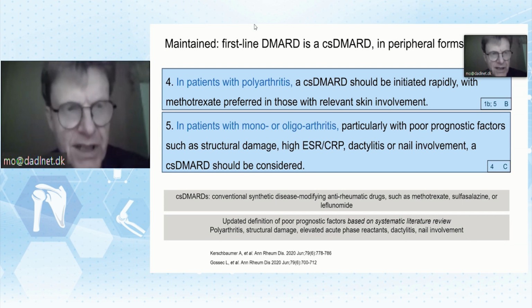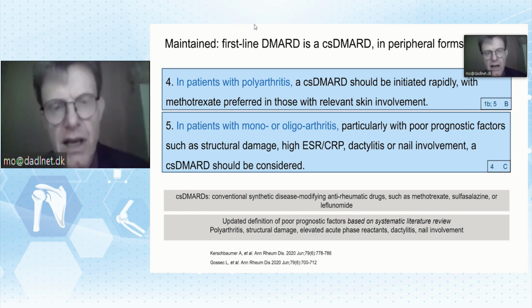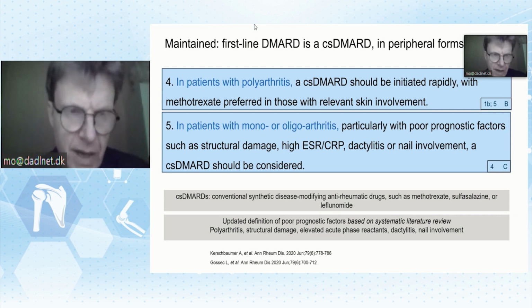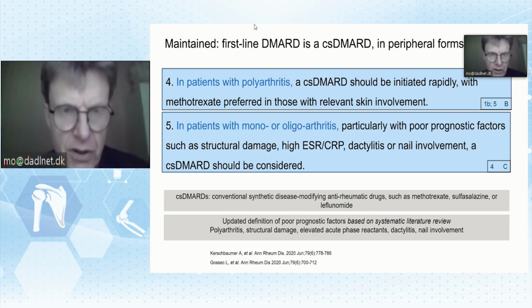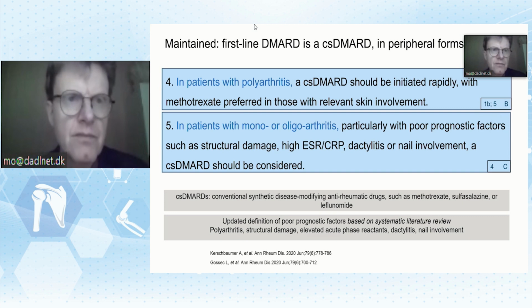And that is particularly the case if you have poor prognostic factors. Then you should, in oligo and monoarthritis, go on to the next level, which I come to in a minute. And poor prognostic factors here are considered to be many joints, structural damage, elevated ESR or CRP, dactylitis, and nail involvement.